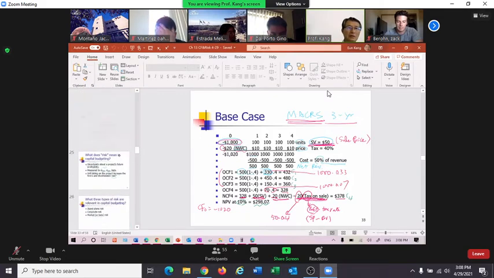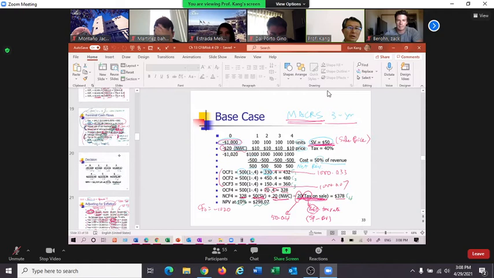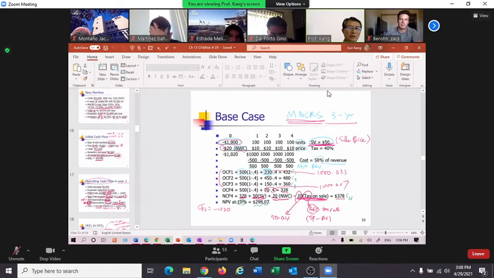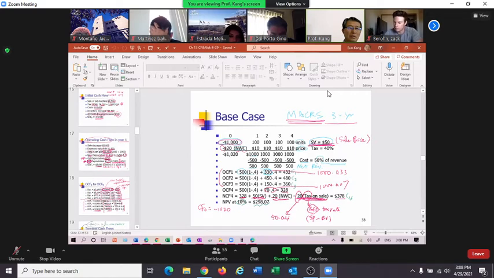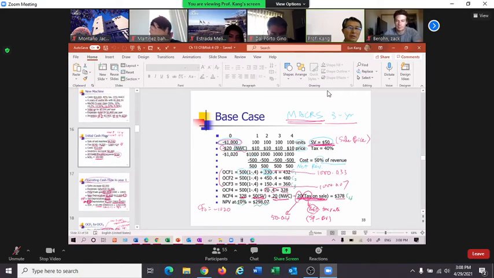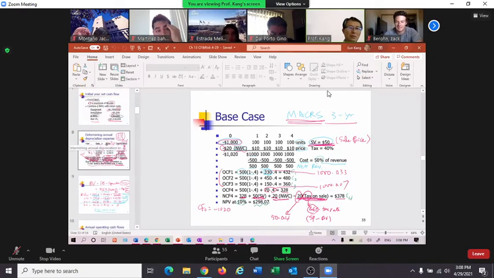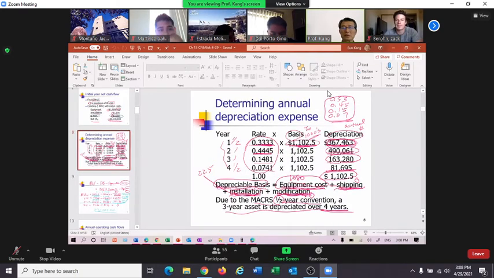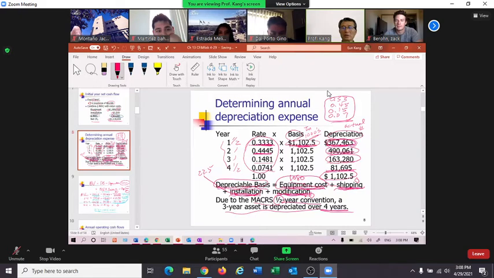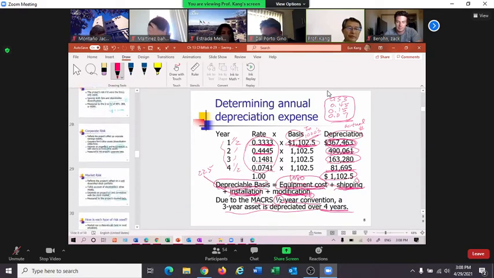And if you look at here, depreciable basis: equipment cost plus shipping, installation, and modification. It clearly shows this. So that's why you have to review.